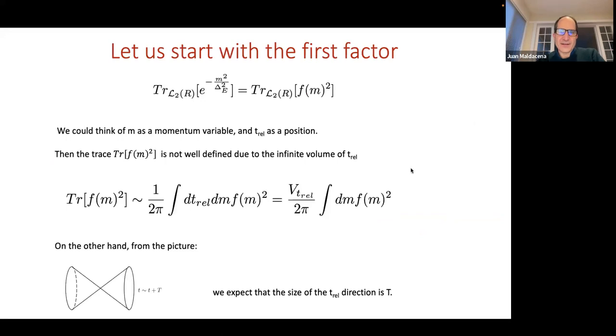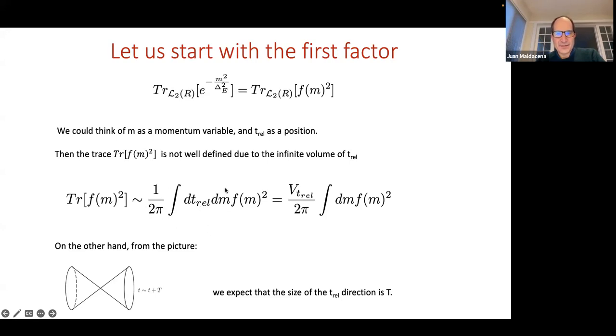The first factor involves the gravitational degree of freedom. We could think of M as a momentum variable and T relative as, let's say, a position. The problem is that the trace of this expression, when h bar is small, we can approximate as an integral over the phase space, dt dm divided by 2 pi.